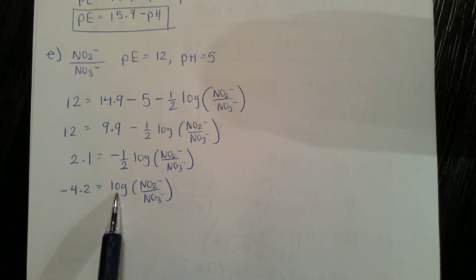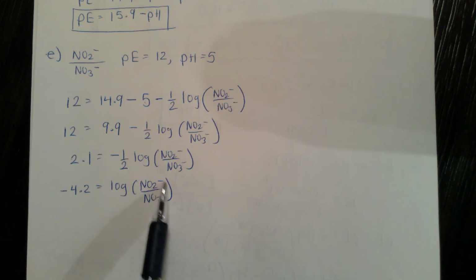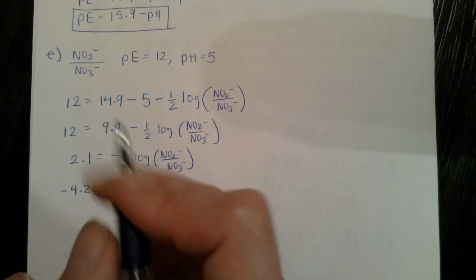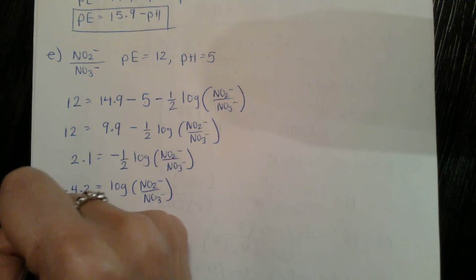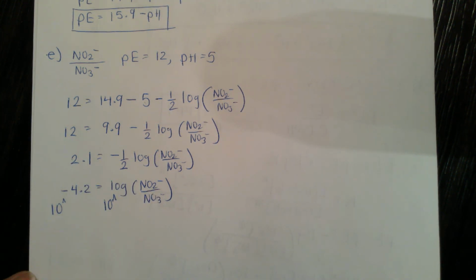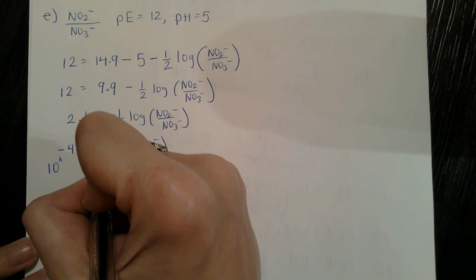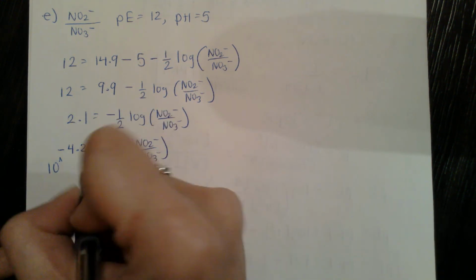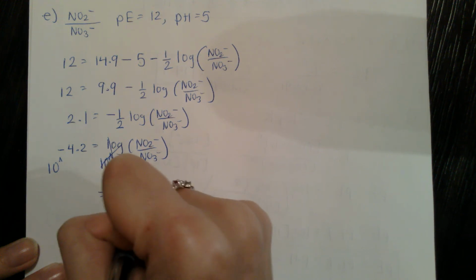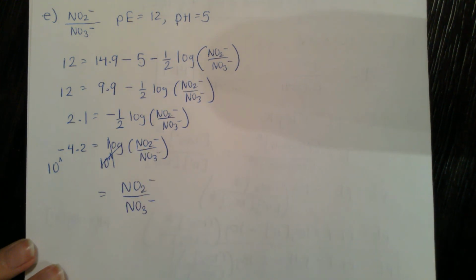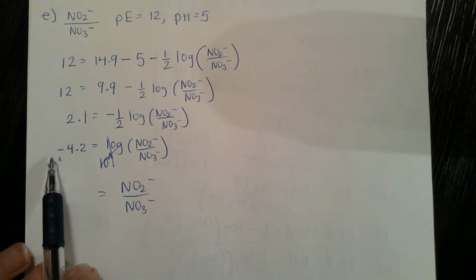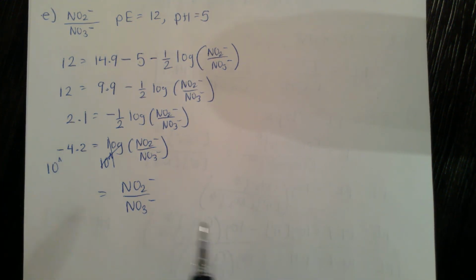To get rid of the log and isolate our variable, we need to take the anti-log of both sides, which is raising each side to the power of 10. When we do that, these cancel each other out, and we're just left with NO2 minus over NO3 minus. So I just need to figure out what 10 raised to the power of -4.2 is.